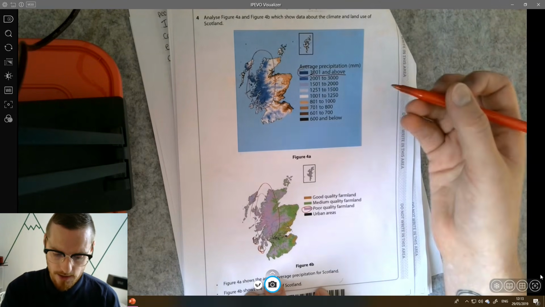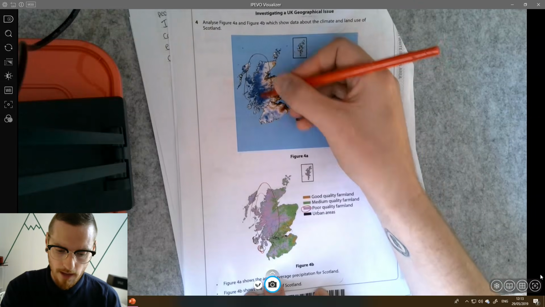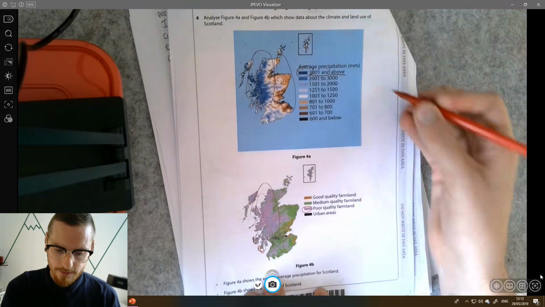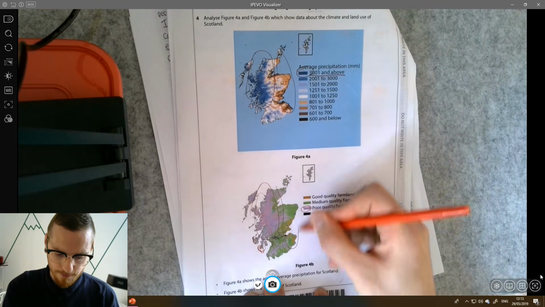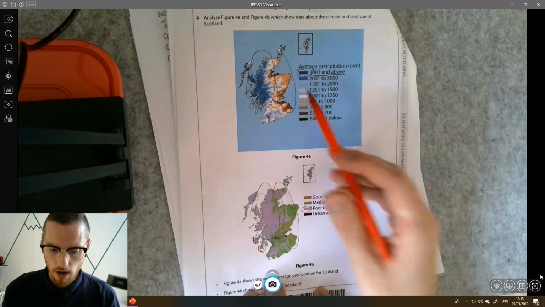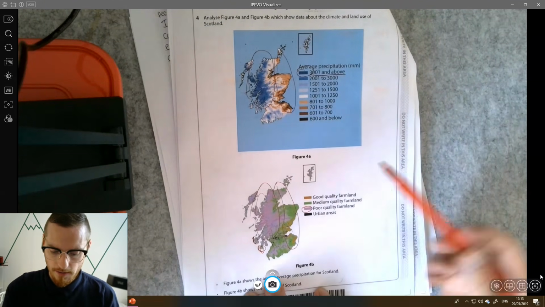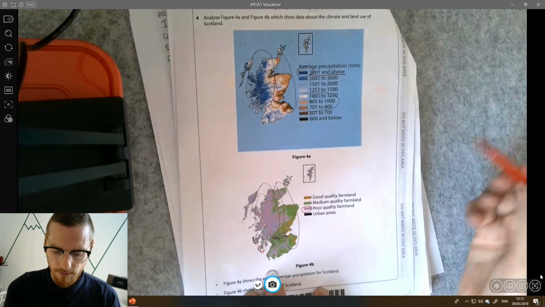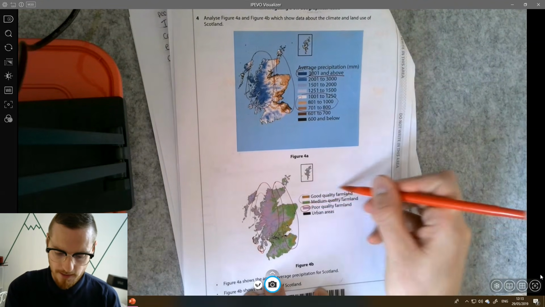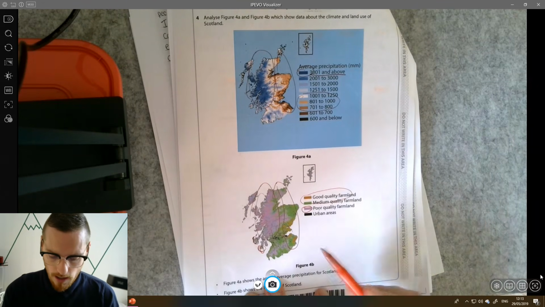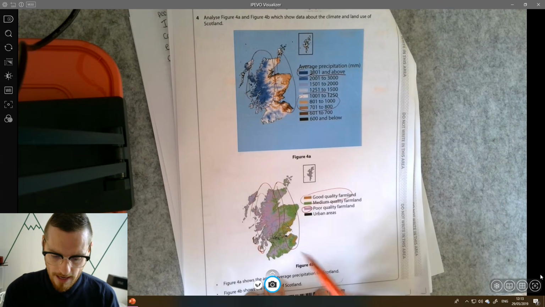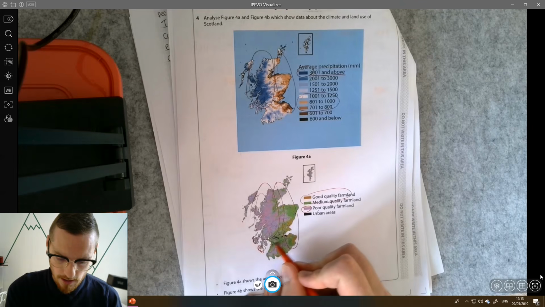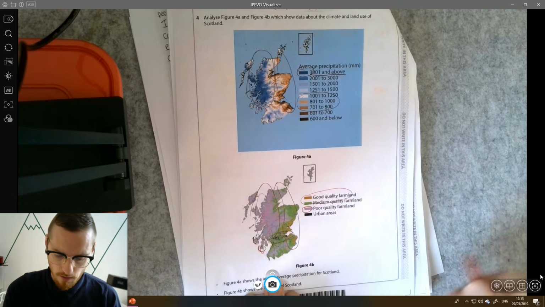So I'm using that deconstructing process. I'm looking for other patterns here. Okay, so I can see here and here. I've got another pattern here, that as I move eastward, I get lower precipitation levels, which result in better farmland. And then the last thing I'm going to do is to look at other patterns here.